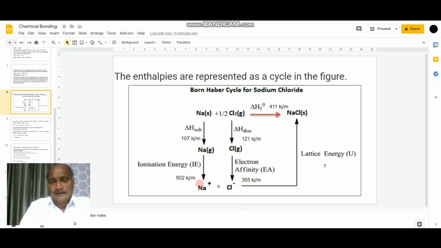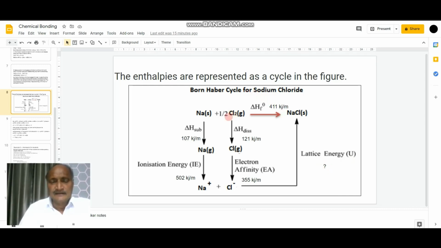Once a gaseous sodium ion and a gaseous chloride ion are formed, due to the oppositely charged Na+ and Cl-, an electrostatic force takes place with the formation of solid sodium chloride. So during the formation of solid sodium chloride, we are going to calculate the lattice energy U, which is indicated by a question mark.